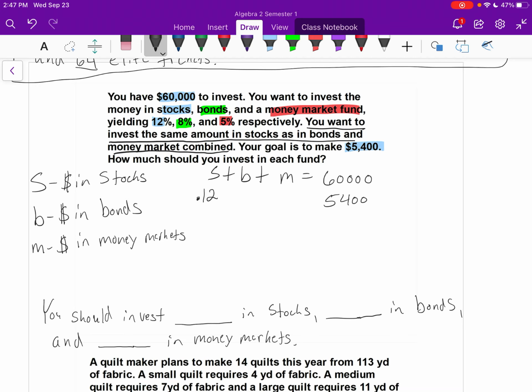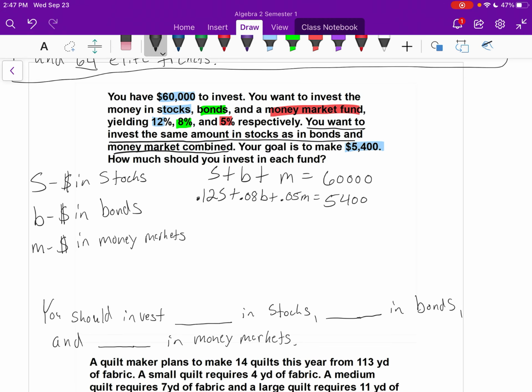If you put 12 in there, that is completely different, so make sure you're writing your percents properly. We're going to take 0.12 times the amount of money we invested in stocks, and that's how much money we'll make in stocks. Then for the bonds, 0.08 times B, and for the money market, 0.05 times M.